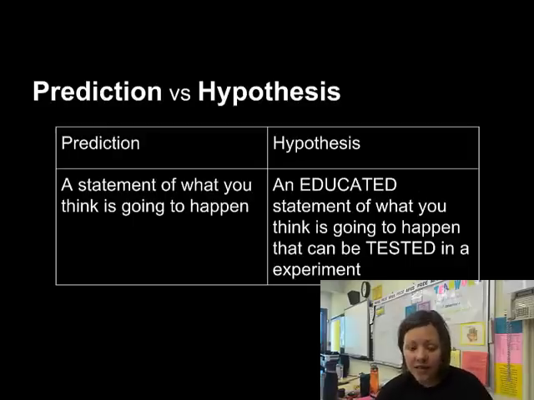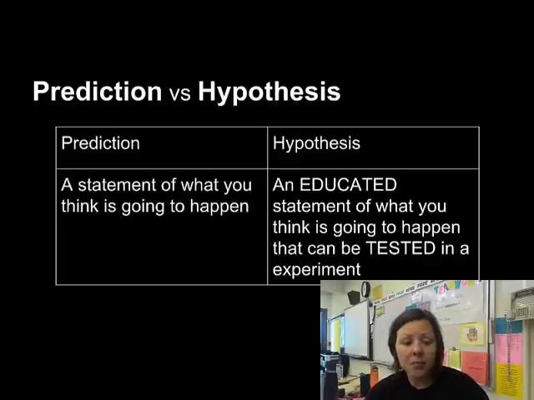So, one thing I want to make sure we understand is that there's a difference between a prediction and a hypothesis. And it's very important that we understand the difference between these two terms. A hypothesis is an educated guess, as many of you know, but we need to make sure we understand it has to be able to be tested. A hypothesis is something that we can test using an experiment, an investigation, and so forth.